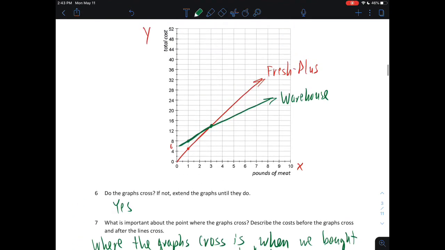Can you look at the graph and see which location is more expensive for amounts of meat that are below 3 pounds? It's the warehouse store, because that graph is above the red line. Whereas after you buy 3 pounds of meat, which one becomes more expensive? The Fresh Plus store.